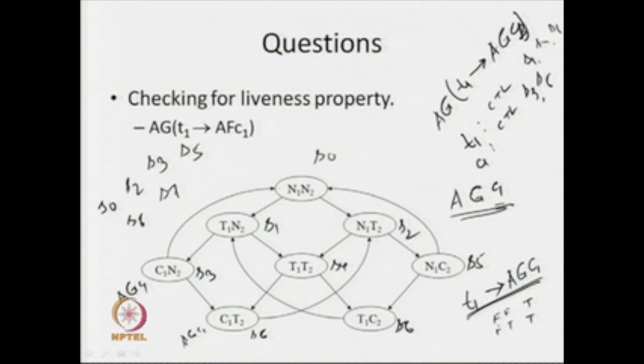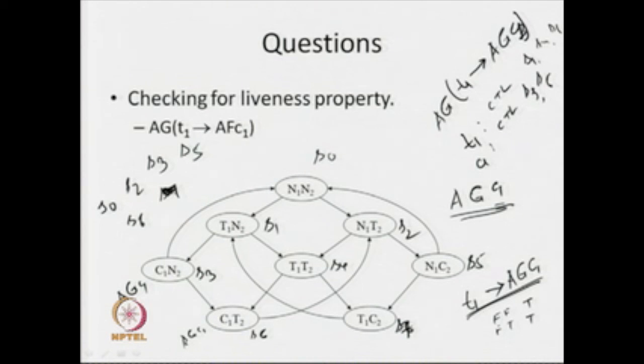Okay. So, these are the states that we are having: 1, 2, 3, 4, 5. In these 5 states, this is true, but now we have to concentrate on these particular 3 states.